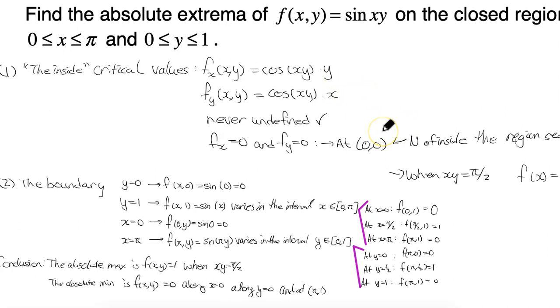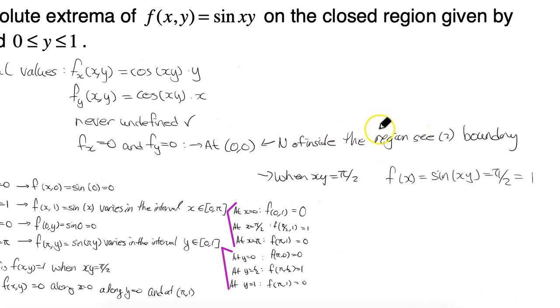However, and that's not something you may always notice when you're solving an exercise, but if you're really paying attention and very careful, you may notice, oh, this is not in the open region. This is on the boundary. So we won't care about that too much now because it is not inside the boundary. We will see this in the second part.